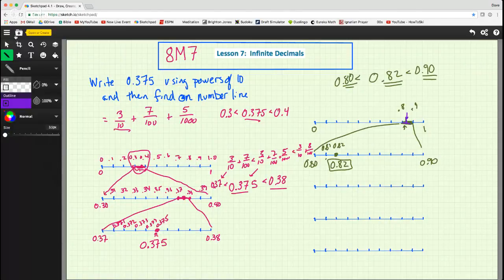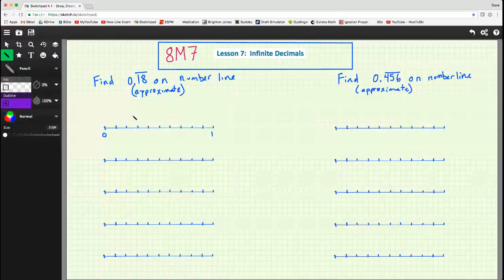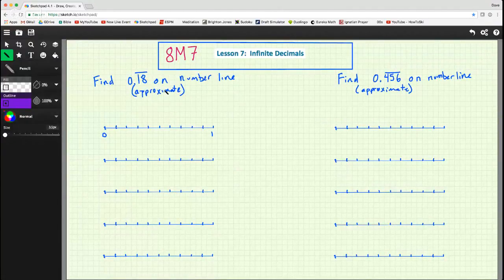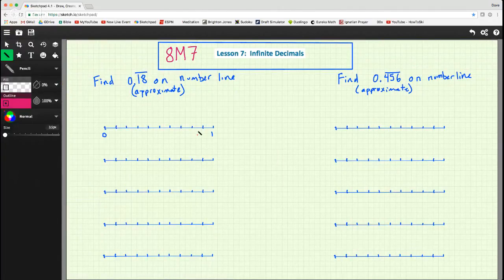And so now we're going to move into a world where we're going to deal with infinite decimals. So now we can't find an exact spot on a number line for infinite decimals, and you'll see why here in a second. But we're instead just going to approximate using the tool that we just used. You're going to have to write this out a little bit to figure out where to put it.